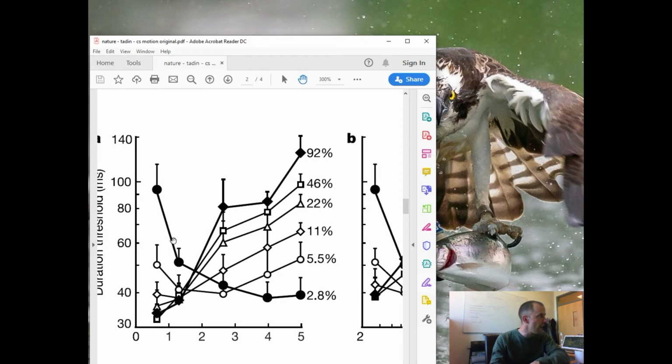The threshold is going down, so what does that mean? It means that it's getting easier to see, because if your threshold is lower, it means you need to look at it less long. You can tell quicker which way it's going. So people are better and better at this the bigger the stimulus is.